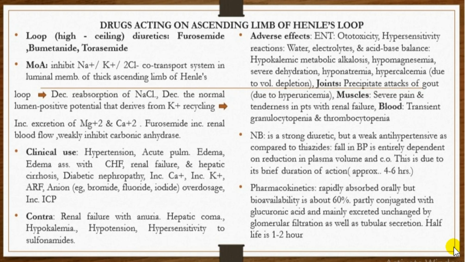Then sometimes we also give loop diuretics such as furosemide alongside blood transfusion in severe anemic patients, and we do this to prevent circulatory overload. We also use loop diuretics when there is hypercalcemia and also renal calcium stones.